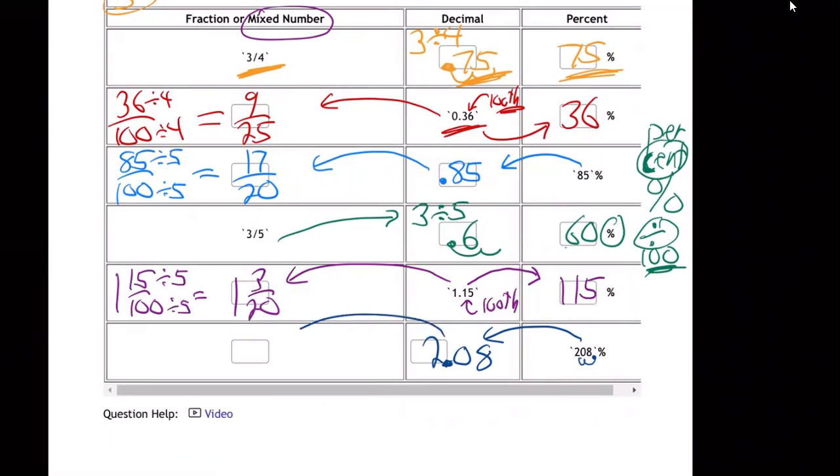And then finally back to a fraction, that's 2 8/100ths because that is ending in the hundredths place. Reduce that, divide by 4 top and bottom, that's 2 2/25. So there we go. We changed all those between decimals, fractions, and percentages.